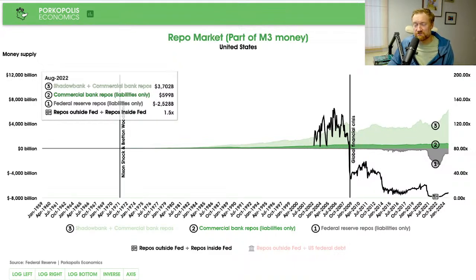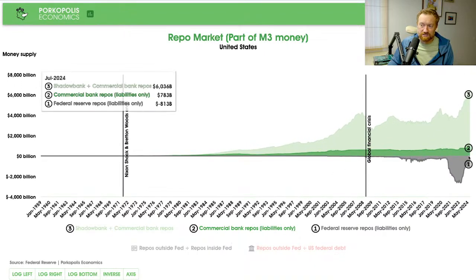But there's one more metric I can show you to give us a little bit different flavor, and that is, let's take just this total value again, 7 trillion. All right, $7 trillion repo market, 6.3 trillion of which is in the markets, not at the Federal Reserve. All right, so it's more susceptible to inflation.